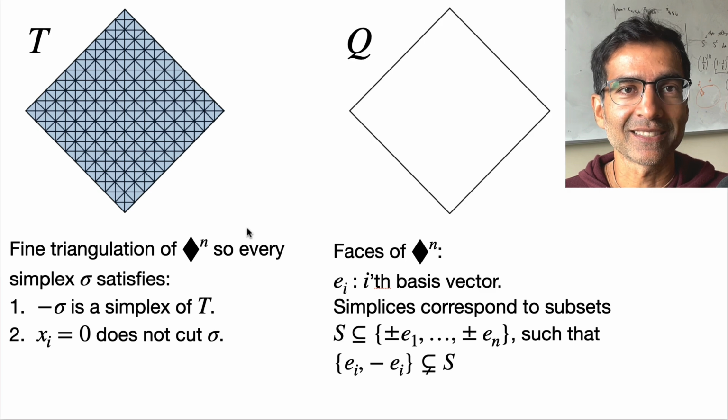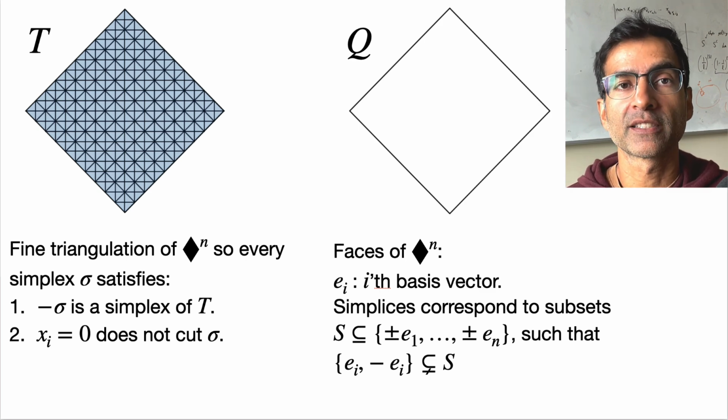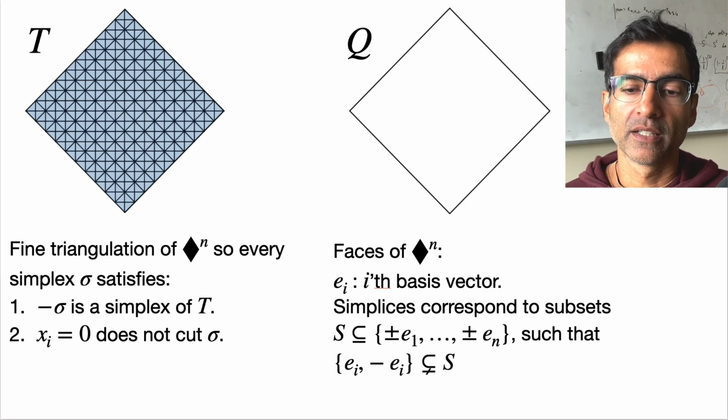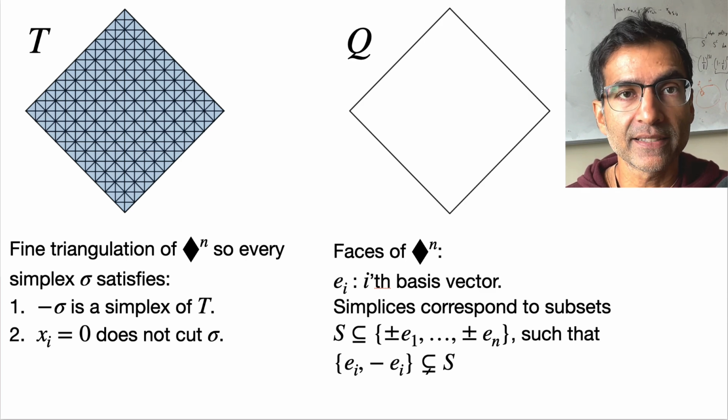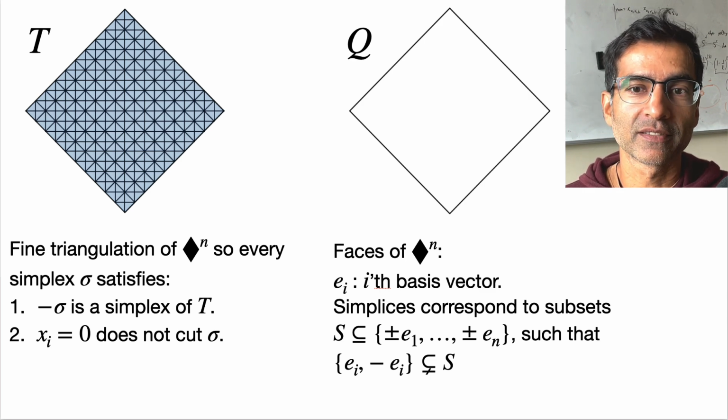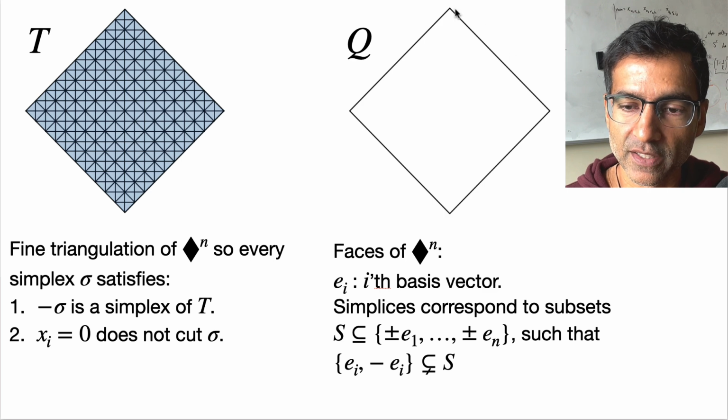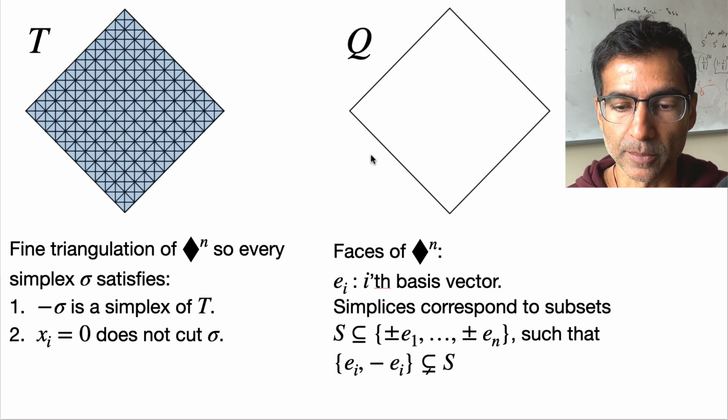n-dimensional simplices. The second simplicial complex I'll need to use is the complex given by the faces of the L1 ball. So all of the boundary faces of the L1 ball.